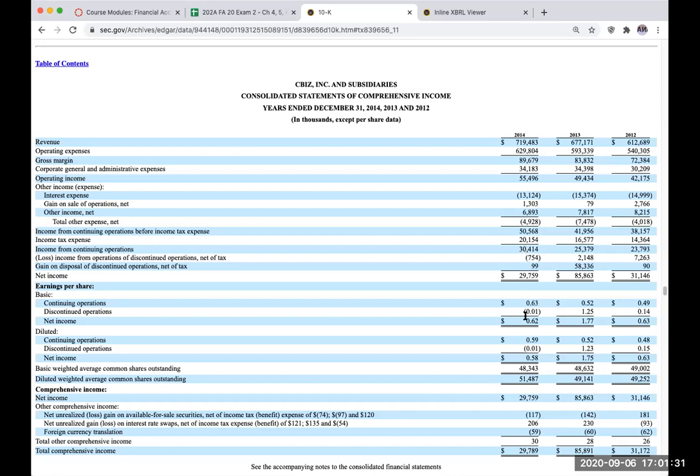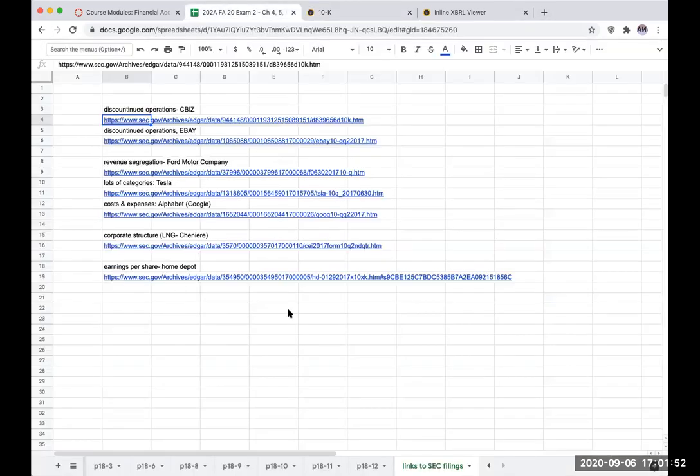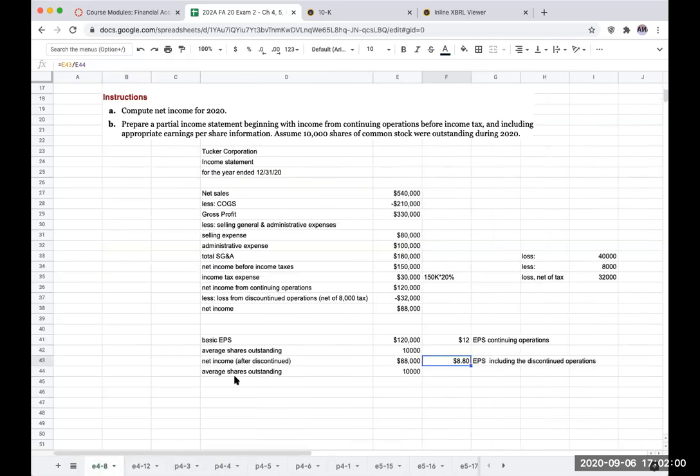The other portion here too is, as we're going down and looking at the earnings per share, you'll see that basic is your continuing operations, less the discontinued operations gives you the net income. So what I would probably do to amend my answer really quickly is to follow along this same pathway in terms of disclosure. And by the way, when you start working in public accounting, the Securities and Exchange Commission is really going to encourage you to openly plagiarize.